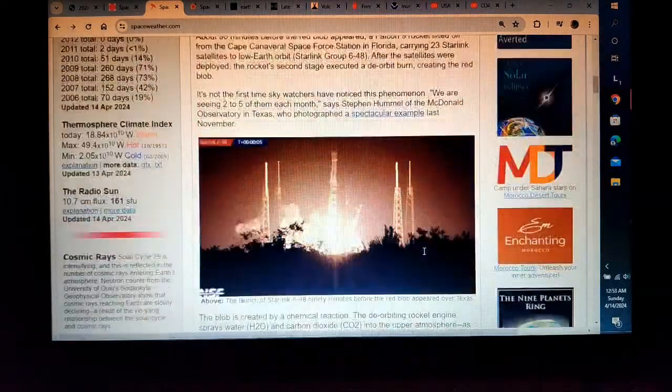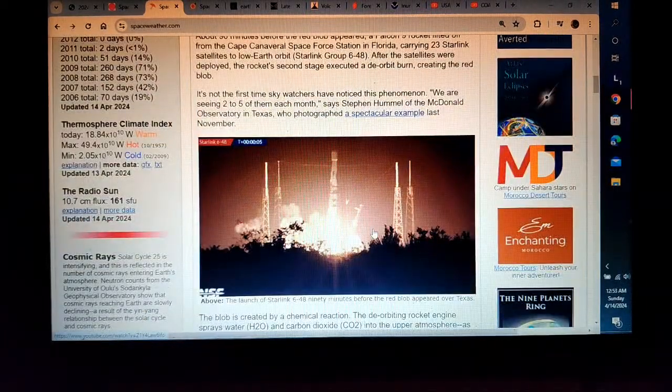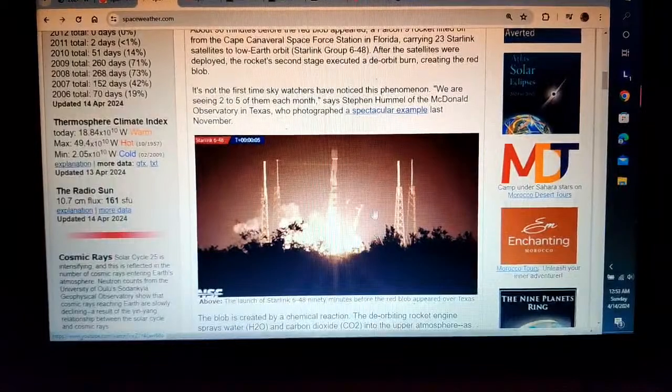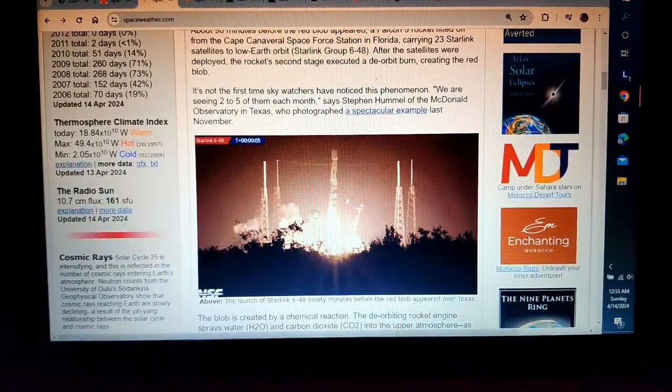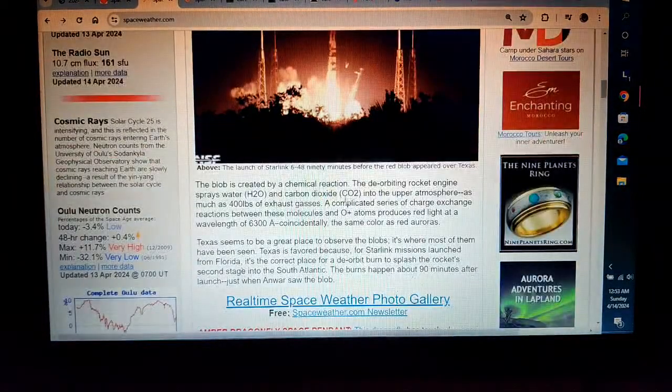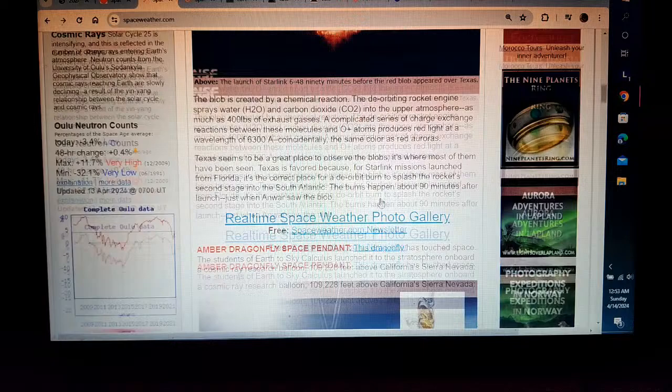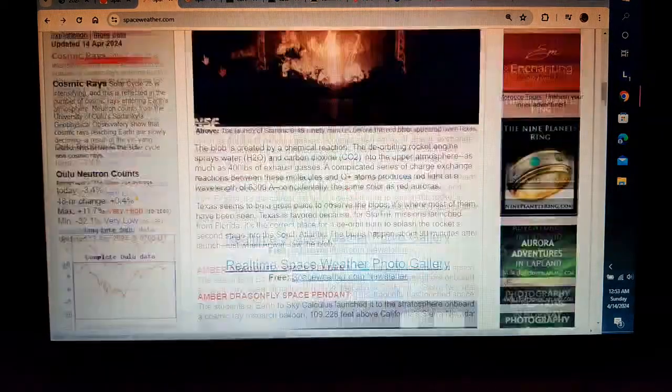These guys are a bunch of clowns. There's nothing wrong with CO2. CO2 is plant food. But the way they portray it, if they're going to portray it that way, you might as well charge SpaceX a little extra for putting some up there. And that was all I had for that stupid report.